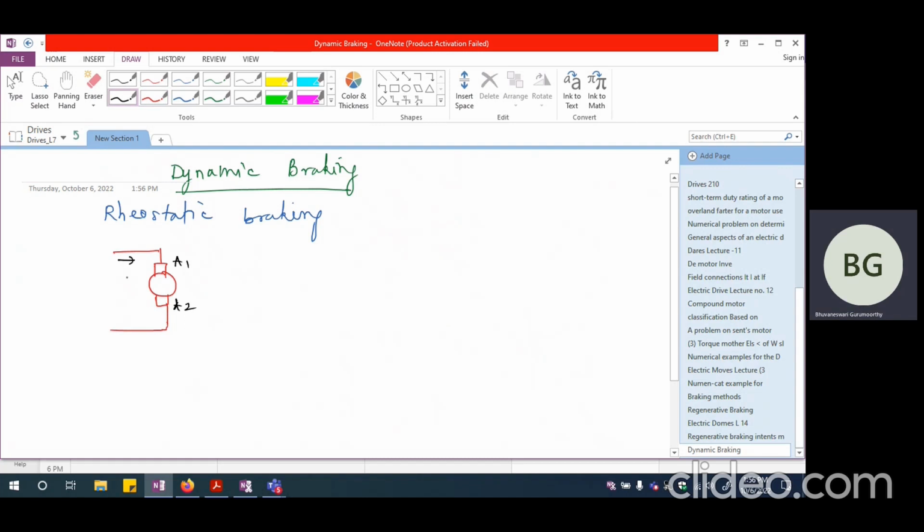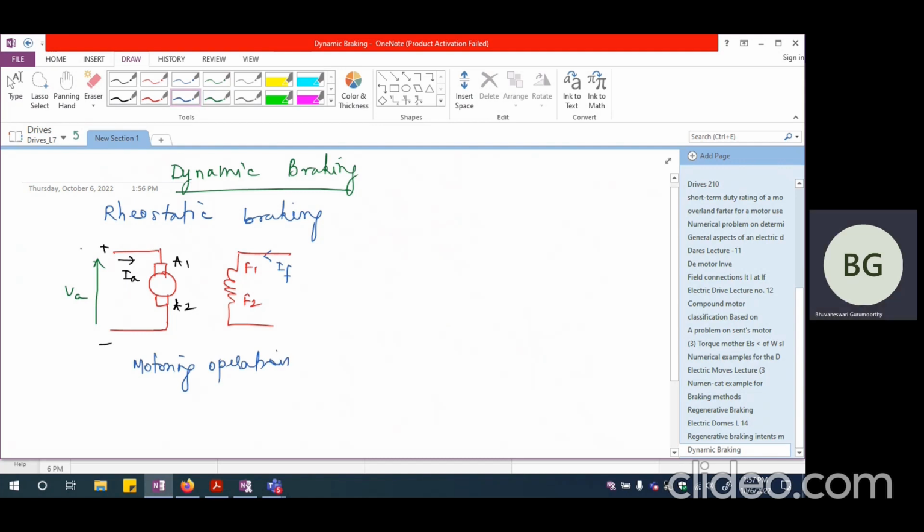The armature current is flowing in this direction, and this is plus and minus, the armature voltage that is being applied in a separately excited DC motor. Now the field is here, this is F1 and this is F2, and the field current is flowing in this particular direction. So this is the normal motoring operation.